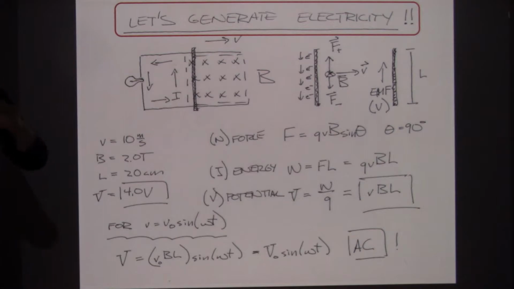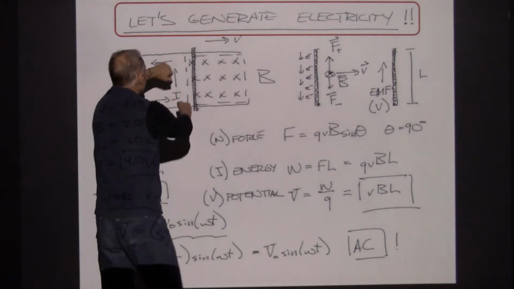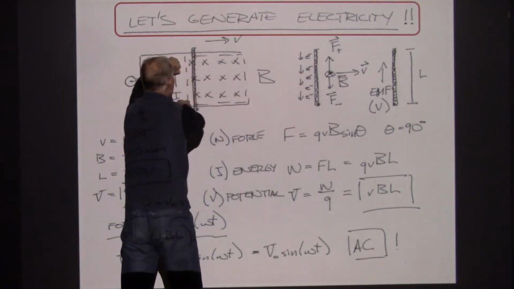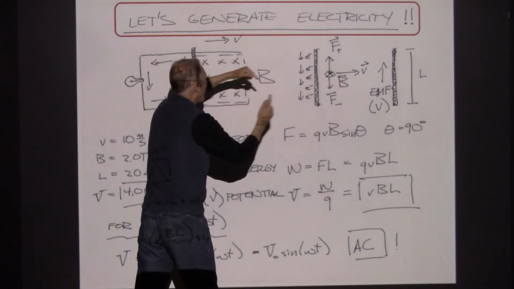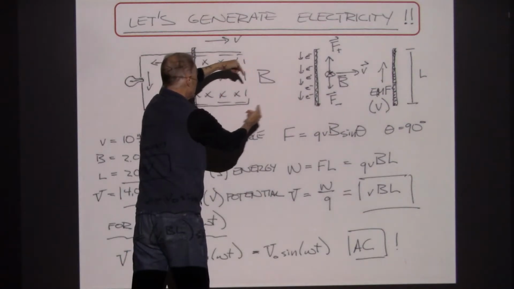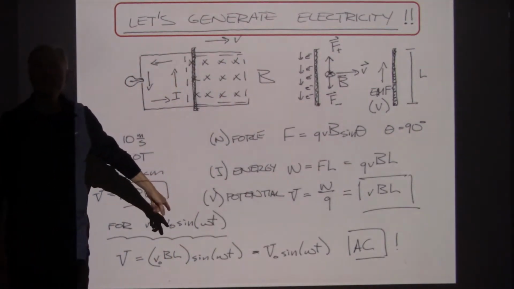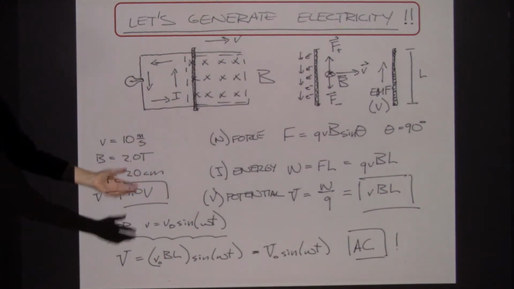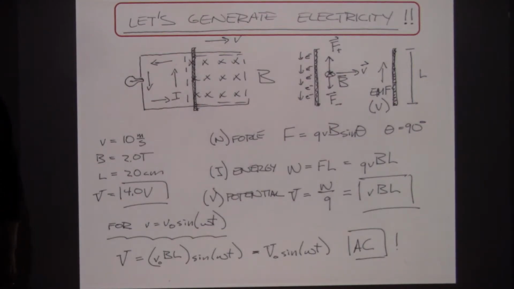Okay, one more improvement. What we could do, instead of just pushing this out and back through this plane, what if we spin a rotating generator that will produce the same effect? And that's primarily how generators are designed.